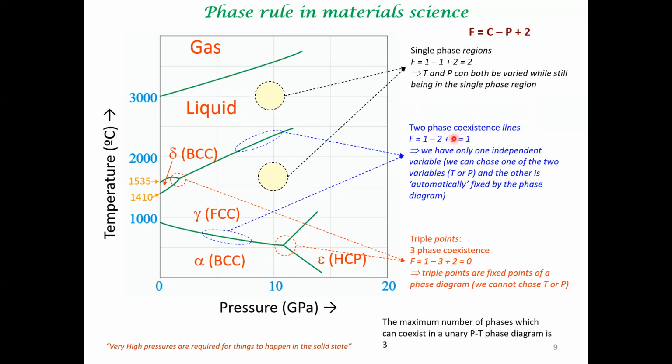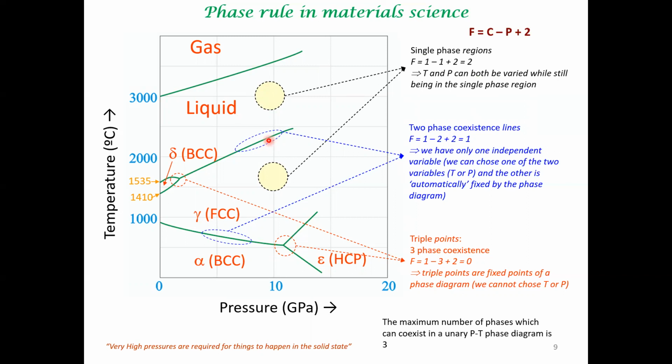I cannot vary two things independently. So here I could vary two things independently, but here I can vary only one thing independently. If I vary the temperature, the pressure is automatically fixed.